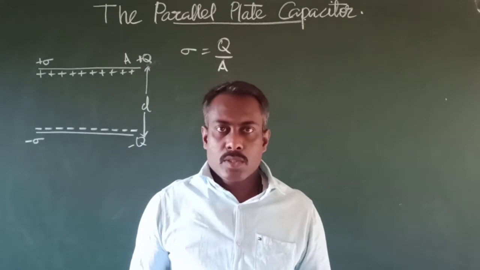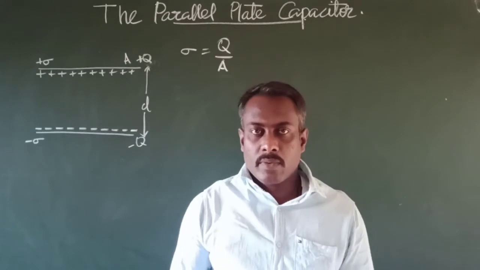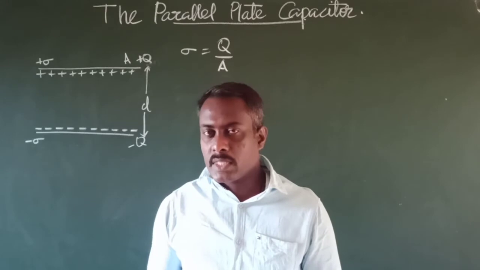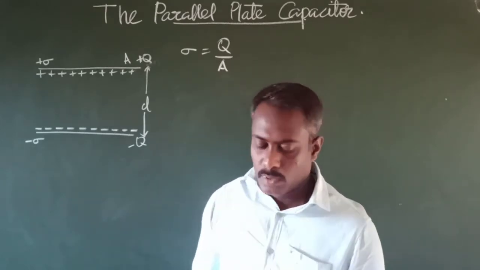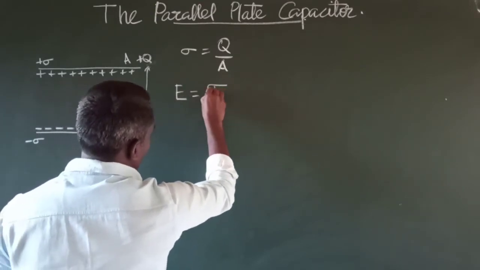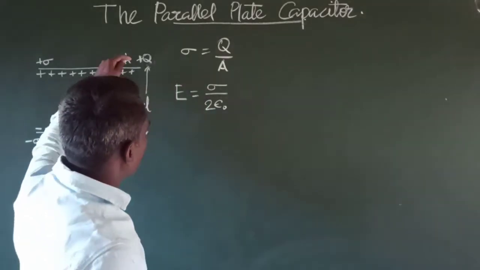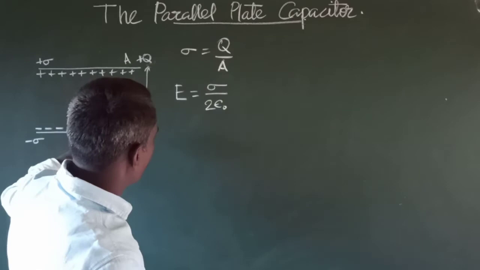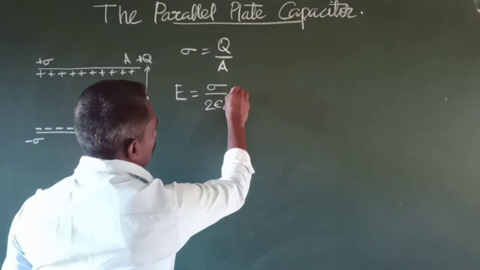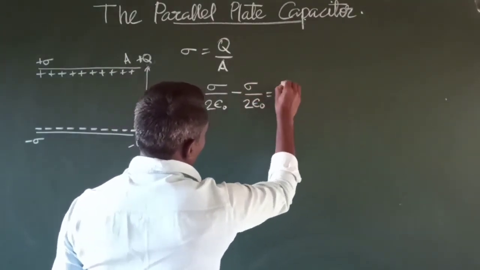The electric field of each sheet is E equal to sigma divided by 2 epsilon 0, and the net electric field is the difference, sigma divided by 2 epsilon 0 minus sigma divided by 2 epsilon 0, which is equal to 0.